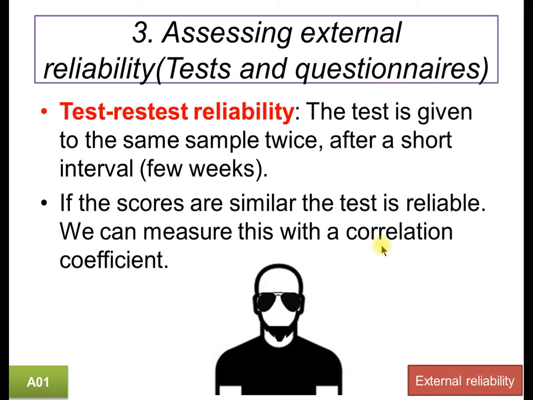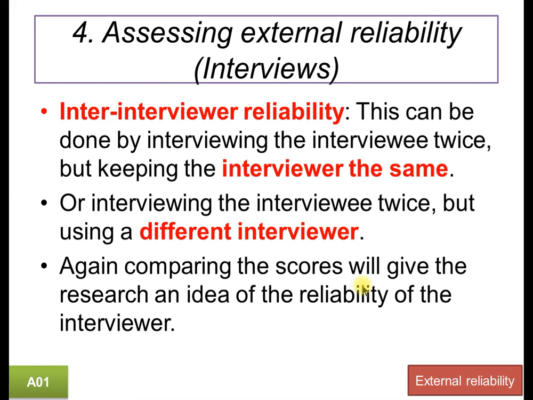The downside with the questionnaire and the test is that in a test situation, the exact same test may actually suffer from practice effects and things like this. So this is about your external reliability in your research.